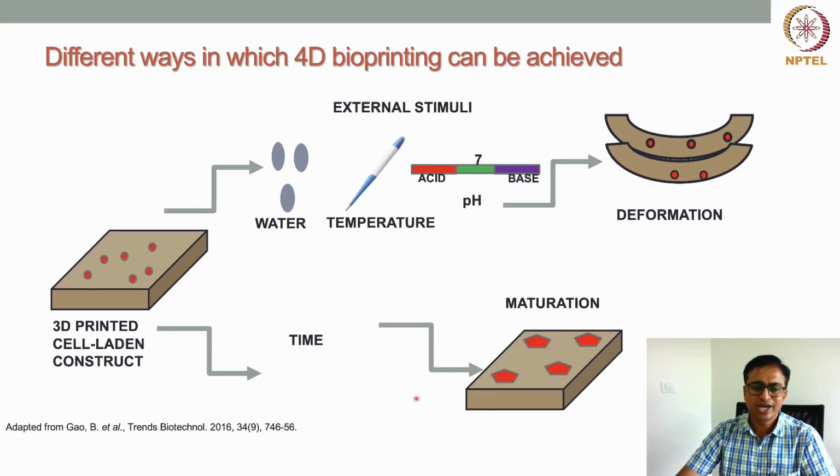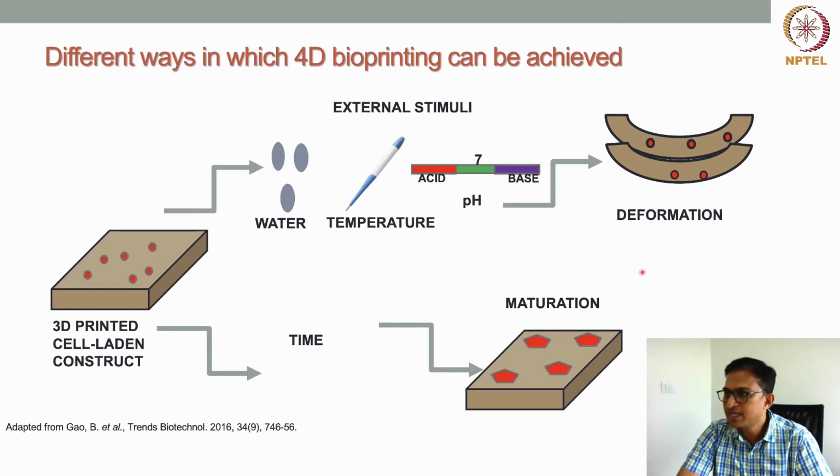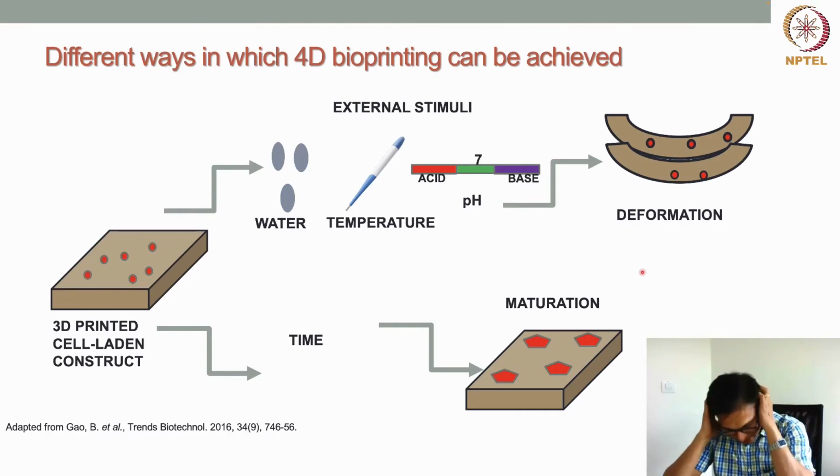The other thing is also, as we have discussed, due to the maturation of the construct. Maturation is a process by which, depending on the cellular function, cells will grow in the structure, they will proliferate, they will mature, they will differentiate, or they will migrate.